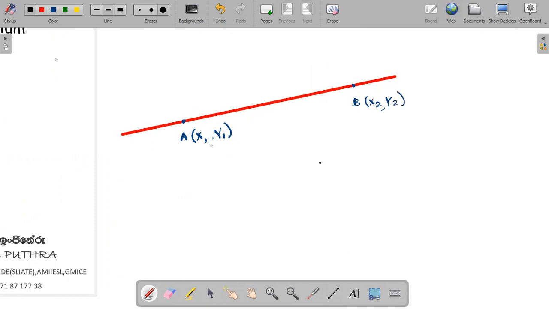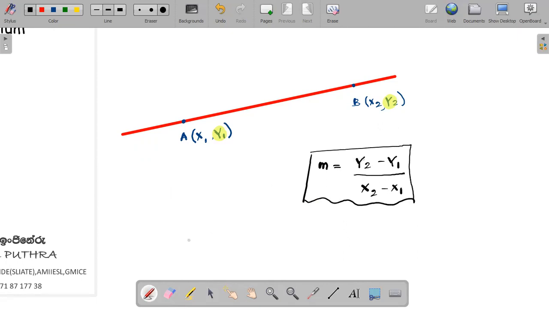Normally we call the gradient simply m. This m should be equal to the difference of y coordinates, that means y2 minus y1, over the difference of x coordinates, that means x2 minus x1. This is what we call the gradient.